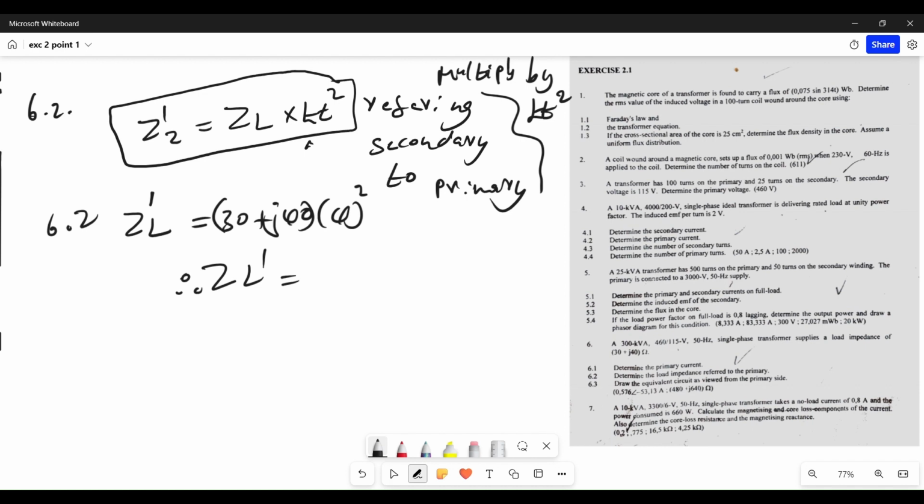Therefore, ZL prime is equal to 480 plus j640 ohms. So that's our referred load impedance.